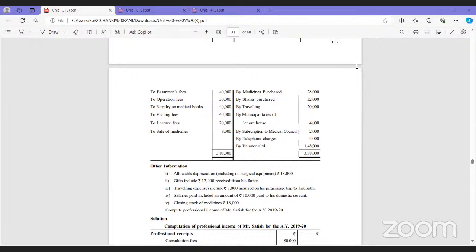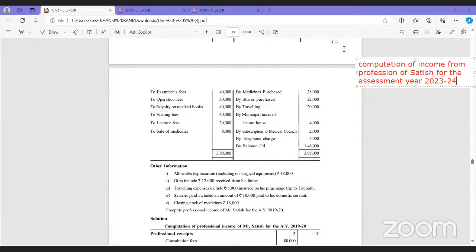Whenever you start any problem, the heading is a must. Computation of income from profession of Satish for the assessment year 2023-24.